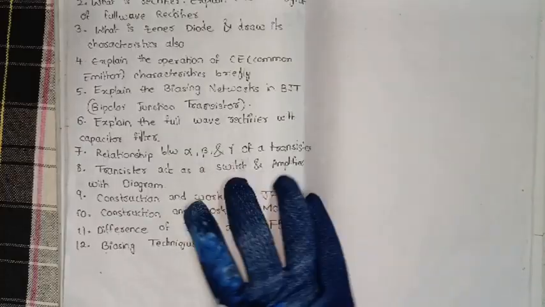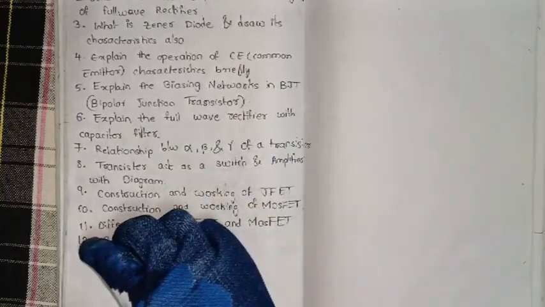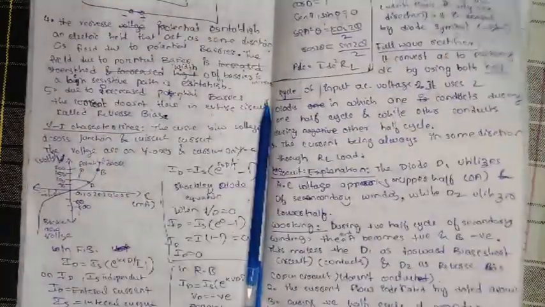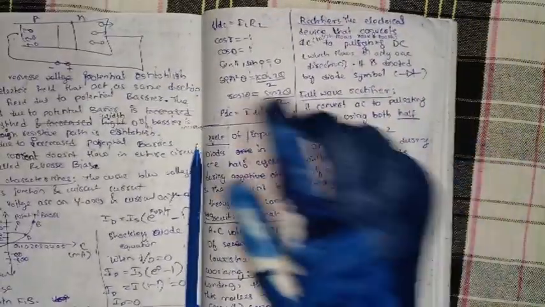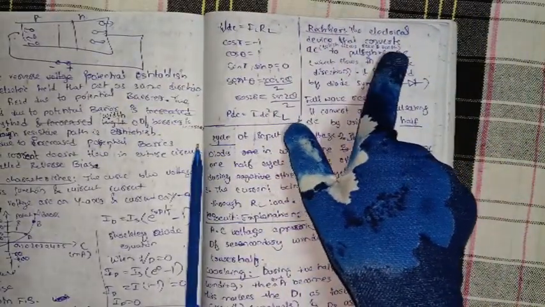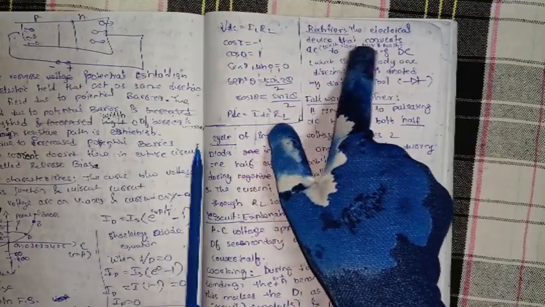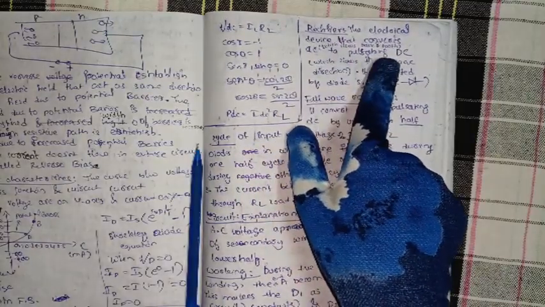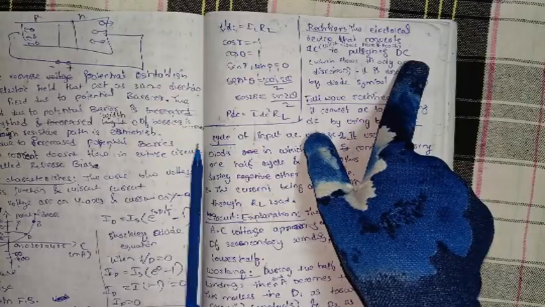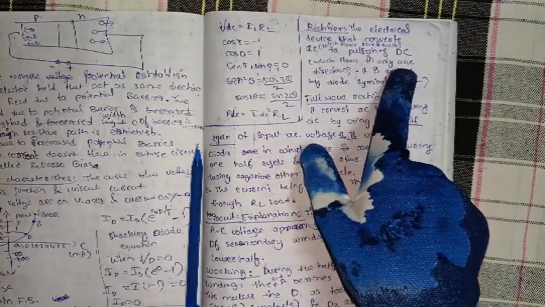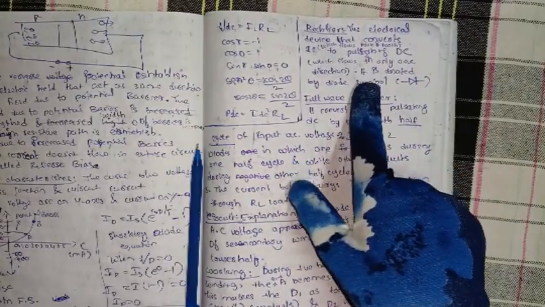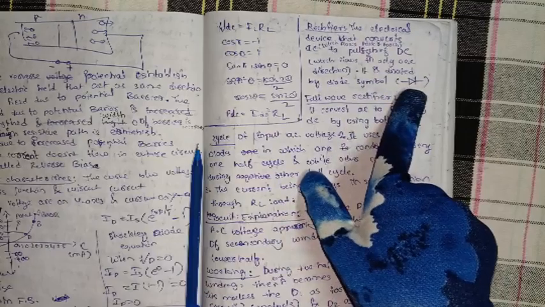So first, what is a rectifier? A rectifier means the electrical device that converts AC, meaning alternating current, which flows back and forth, to pulsating DC, direct current, which flows in only one direction. It is denoted by the symbol of a diode.